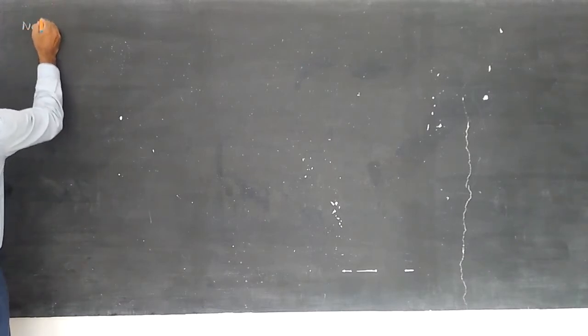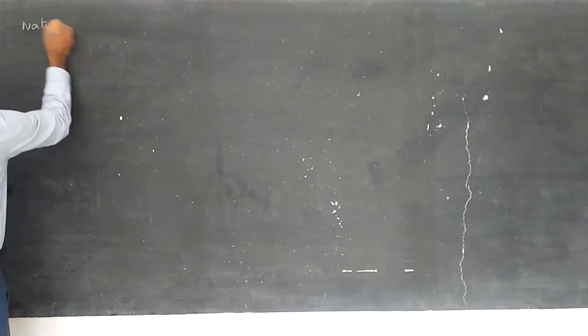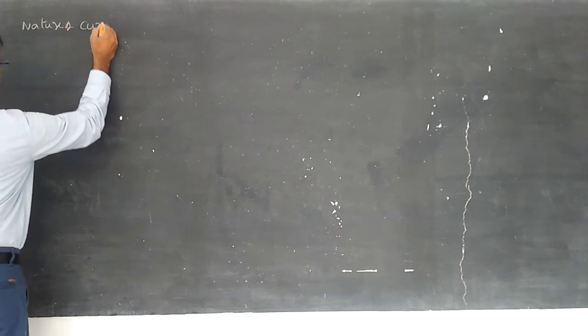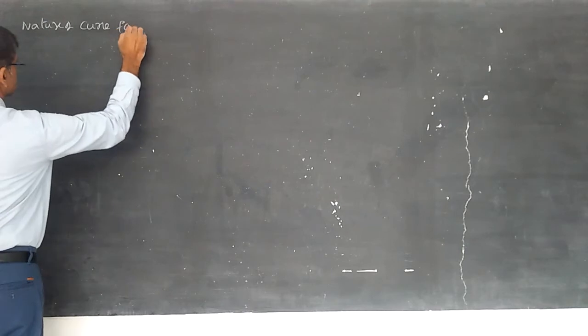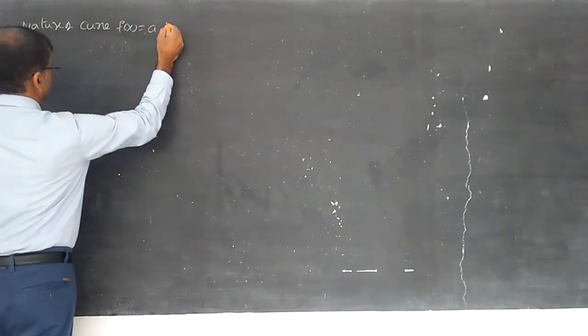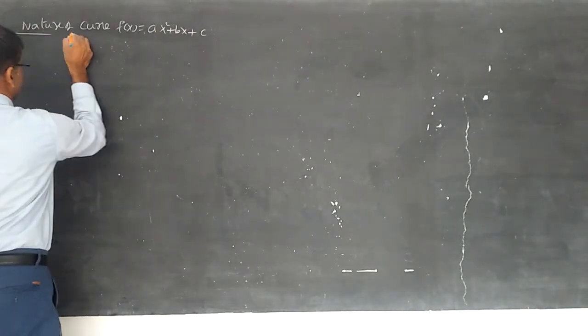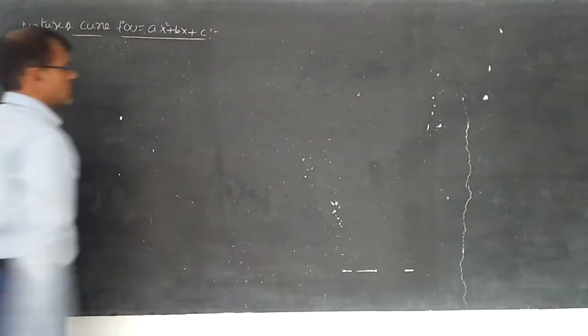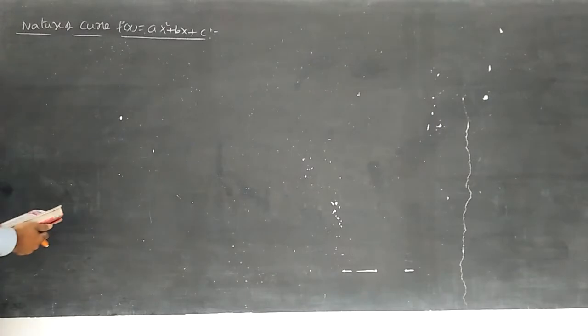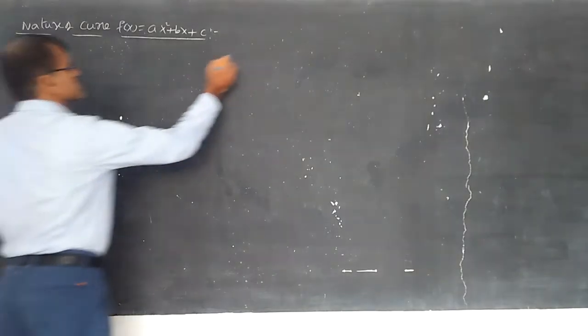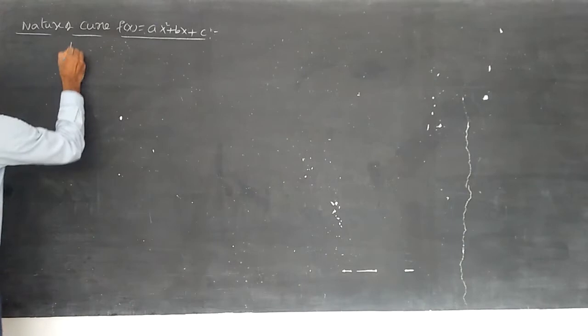Nature of curve: f of x is equal to ax square plus bx plus c. First you can understand this one.